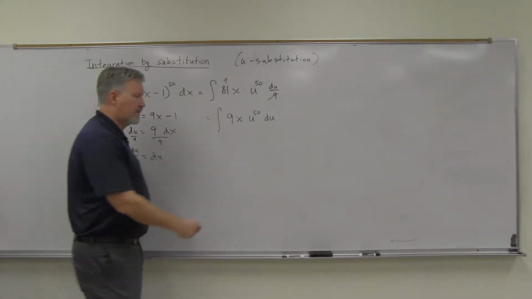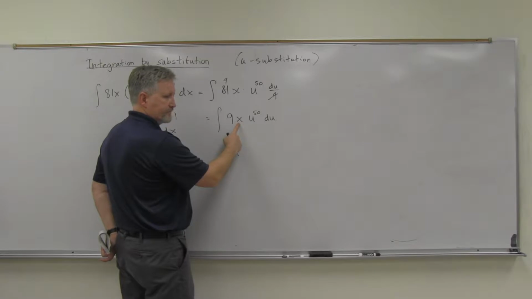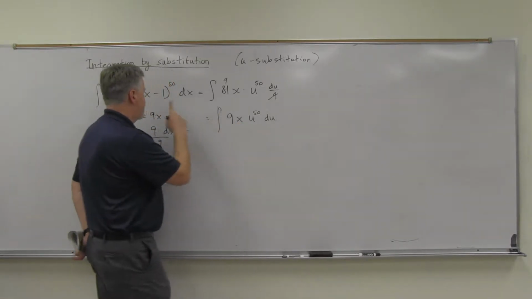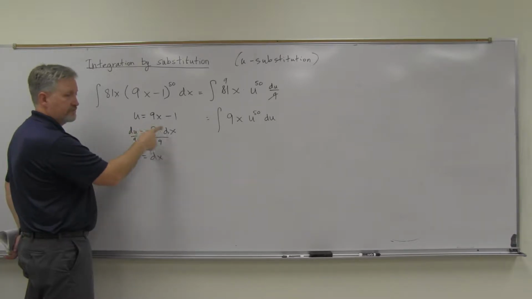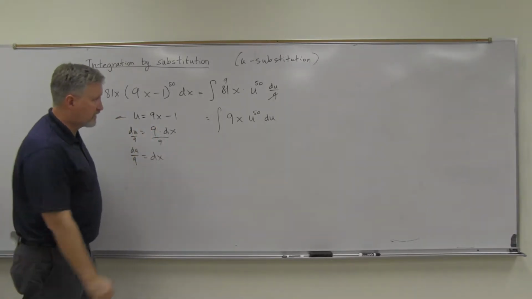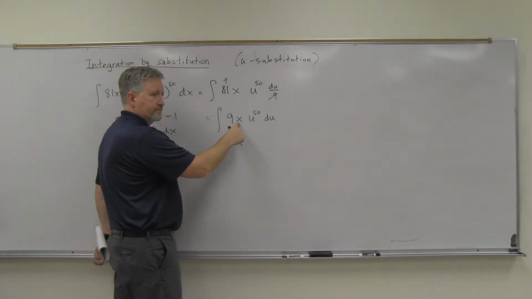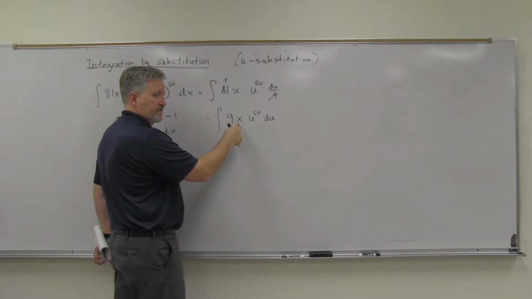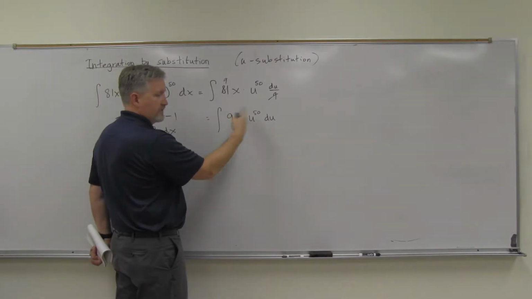Well, the way we can fix this, if you have an x here, is go back to your original substitution equation. So what I need to do is figure out what I can replace x by in terms of u, because it's still left over here, but it needs to be in terms of u for this to work. I need everything to be u's.